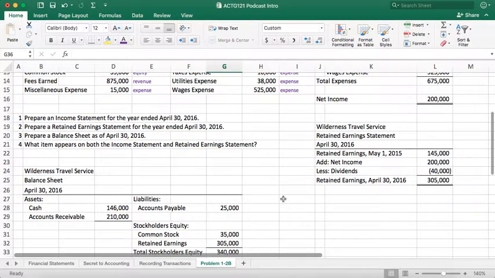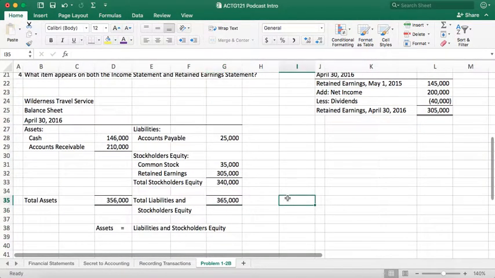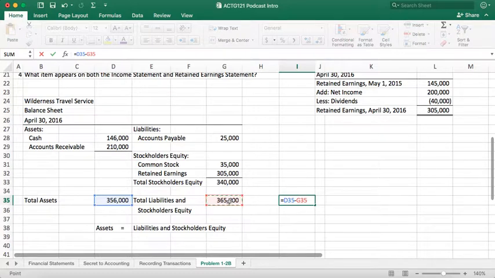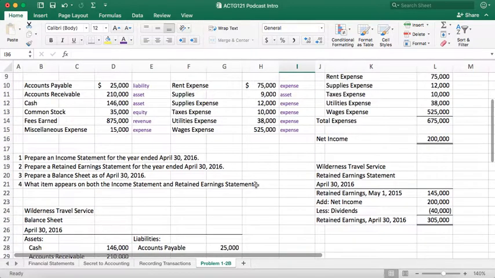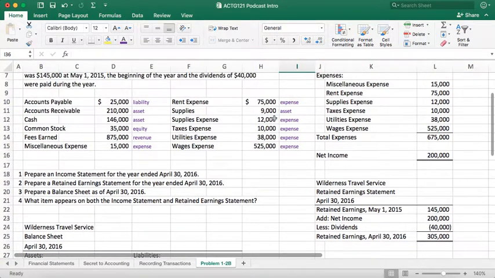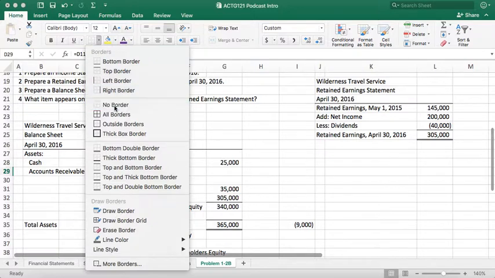Let's go back and check. How do we find when there's a problem, when it doesn't match? Well, first we take assets and we subtract our liabilities and equity, and we realize, ooh, the difference is $9,000. When we look for $9,000, we see, oh, wow, I forgot this number right here. So let's take out this particular underline.